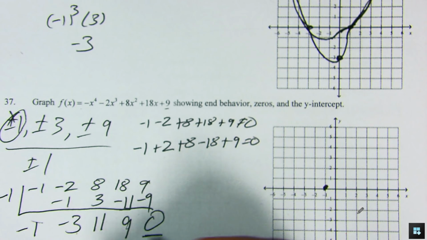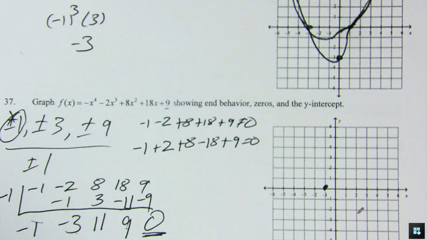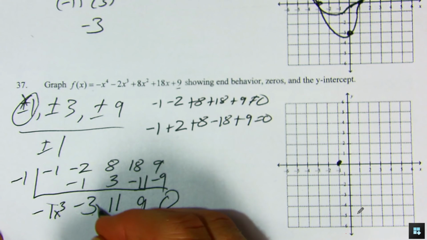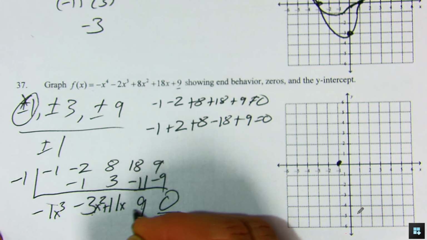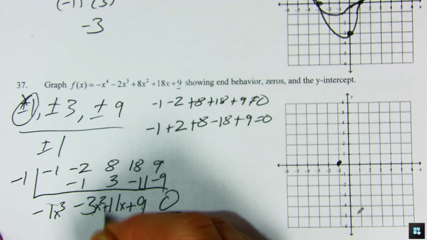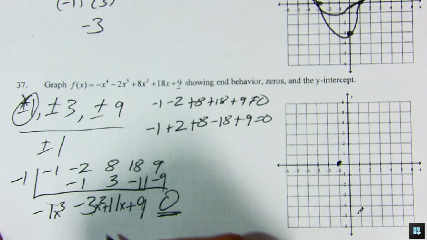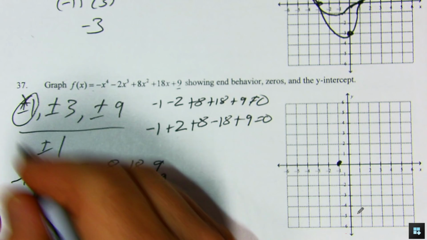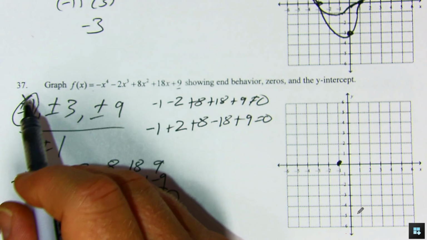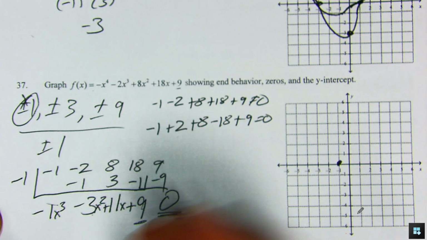Something went great. Yes, on that end 0, and it did. So I have negative x cubed minus 3x squared plus 11x plus 9. Darn it. I cannot factor by grouping, so I got to do this again. Now here's 9, so I already have the factors. I know 1's not. Negative 1 could be again.